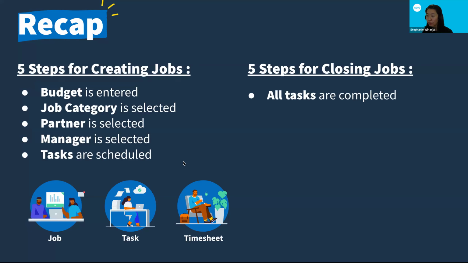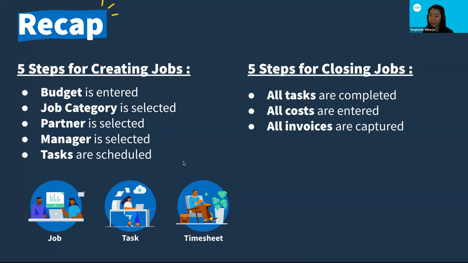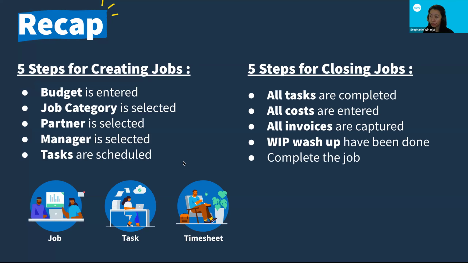To close a job, all tasks are completed, all costs are entered, all invoices are captured, WIP is done, and complete the job. So these are the 5 steps to create and close a job. So we can get the full report, not just halfway, but this is the complete step to get from the start to the end. So I'll pass back my time to Mark.